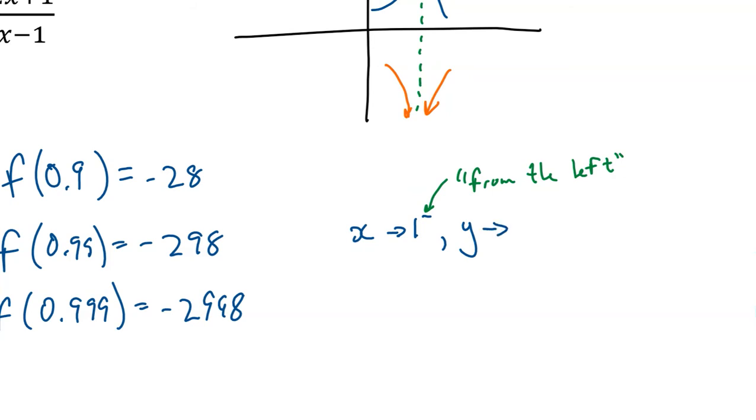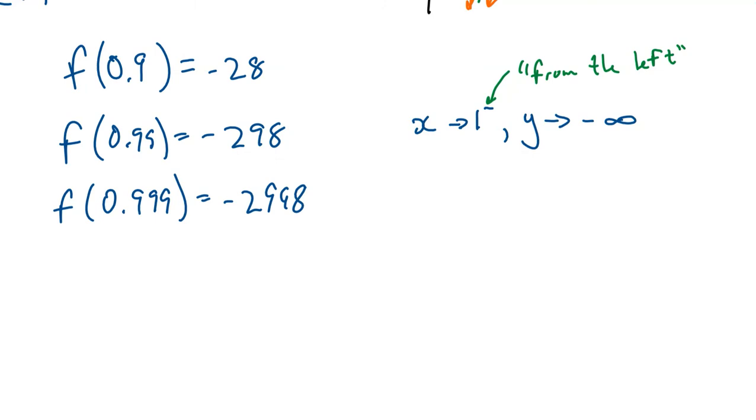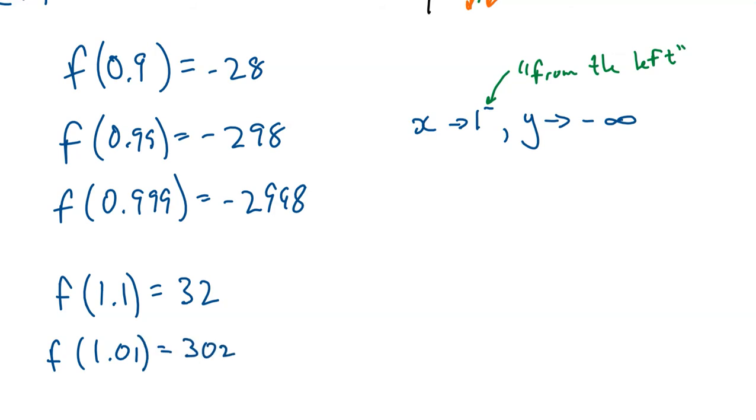Y is going to negative infinity. And then what if we do it for positives? What is a number very close to 1 but just to the right of 1? 1.1 would be the equivalent of 0.9, right? Very nice. Turns out that gives us 32. F at 1.01, which is even closer, gives us 302.